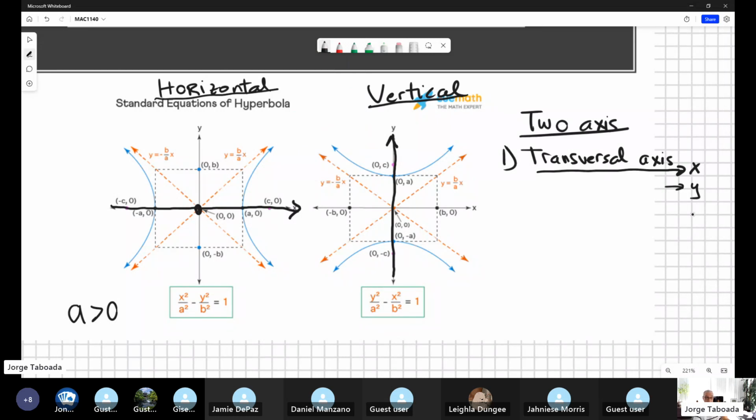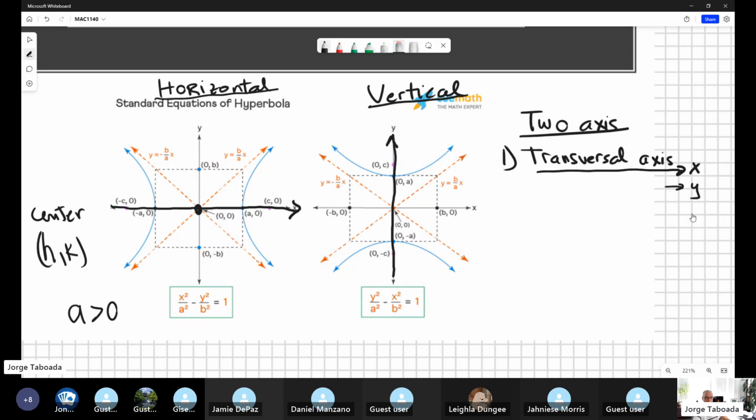We have center. The center is always H, K. Repetition: the only conic section that has no center is the parabola, but the ellipse yes, and the hyperbola, of course. We have also foci, in plural, the distance C. Forget about foci for now.